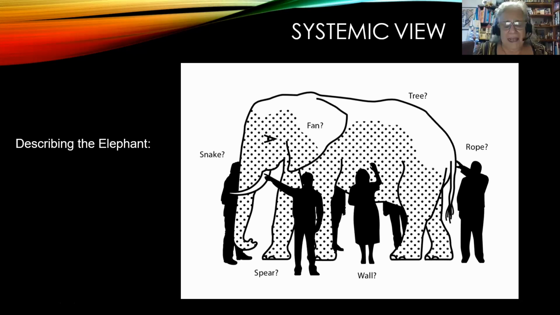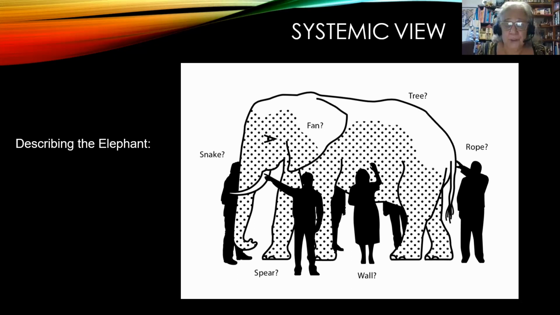And this is a slide that I really like and put in all my presentations, because we need to understand that in the 21st century, we need to have this systemic view for everything. There is a tale from India that says that six blind wise people were going to describe an elephant.